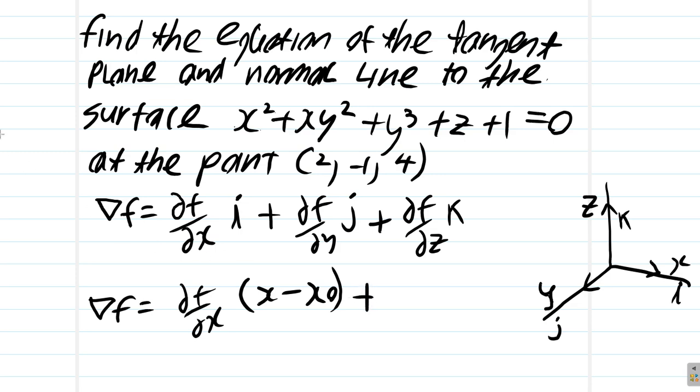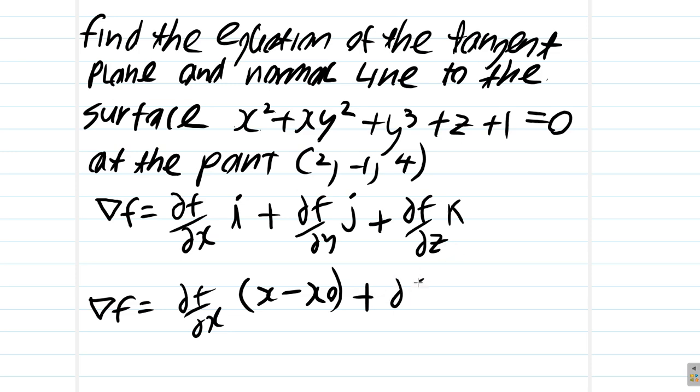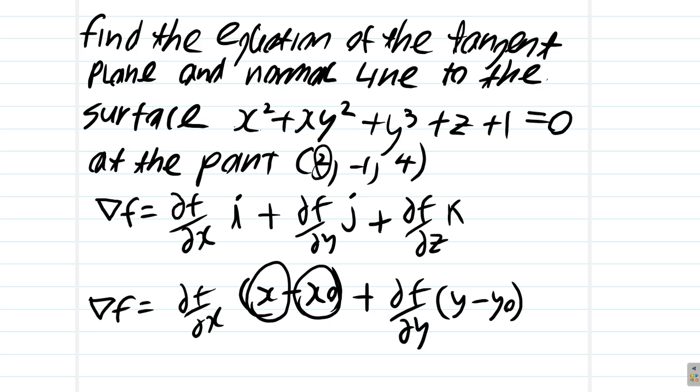You can call it from ground zero, from that given point, plus the partial of f with respect to y, the direction of a change in y, times y minus y naught, right? Whatever y is, you subtract that position from the point y, which is -1, same thing with x. Wherever you have x now, the difference, or the distance, between the x now and the original x, which is 2, right?